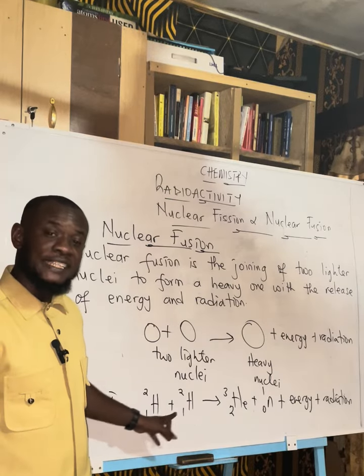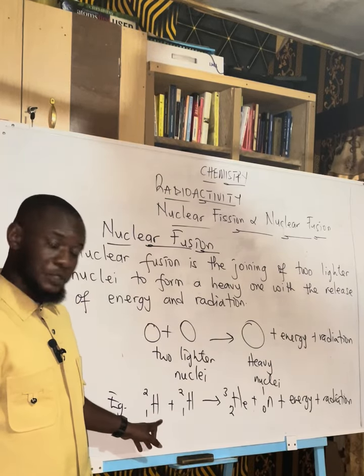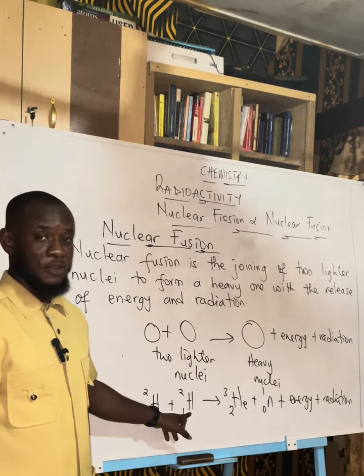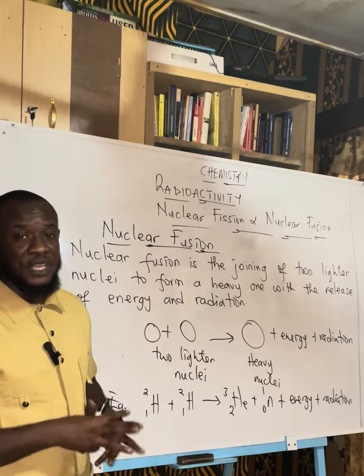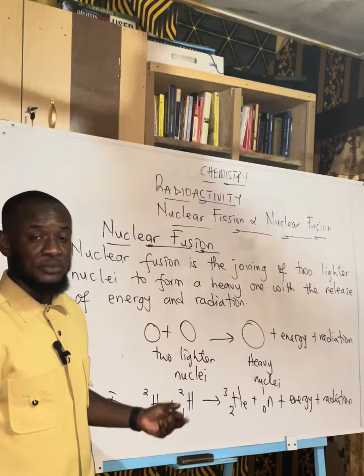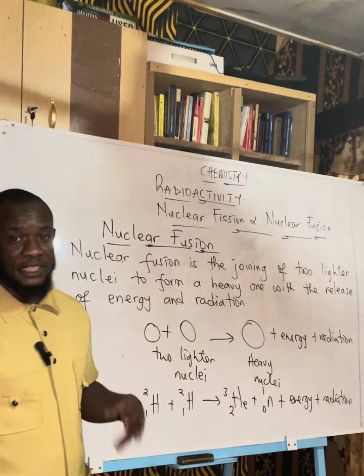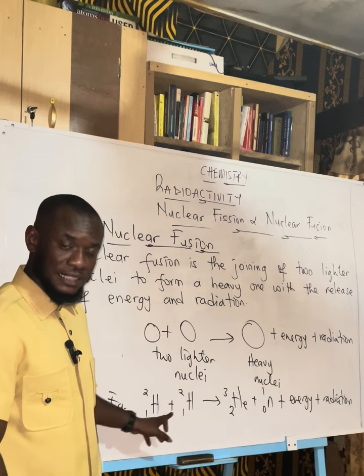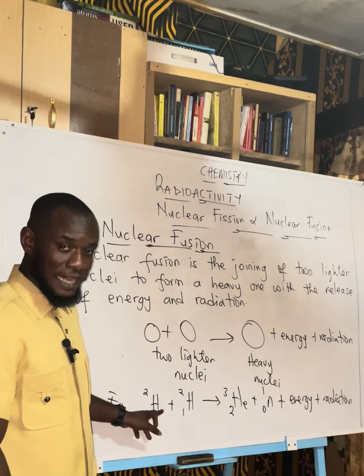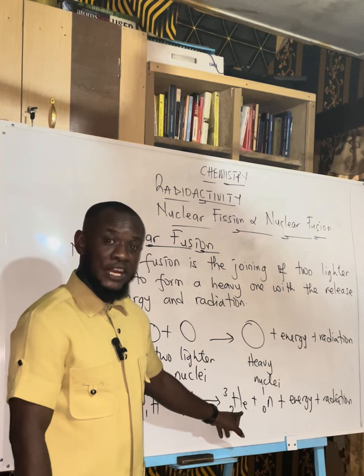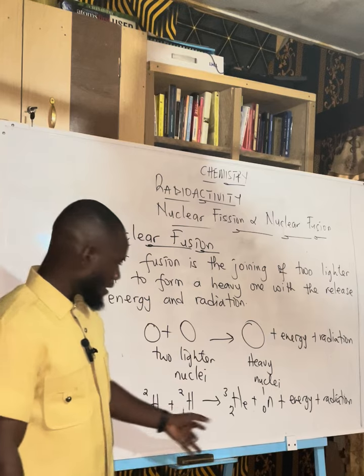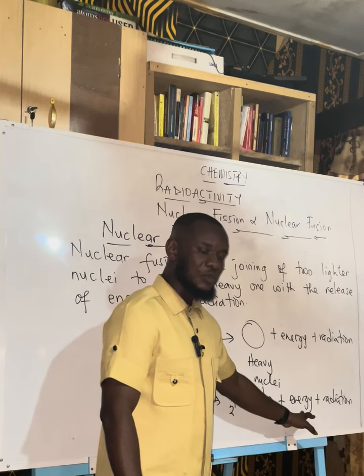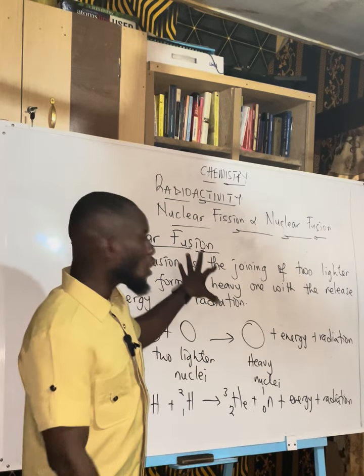The lighter nuclei we are talking about here, this is a deuterium, this is also a deuterium. Remember I told you that we have three types of isotopes of hydrogen: protium, deuterium, and tritium. So when you join two deuterium nuclei, you produce a helium which is heavier. Then we release energy and radiation.